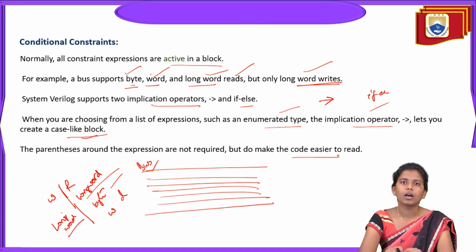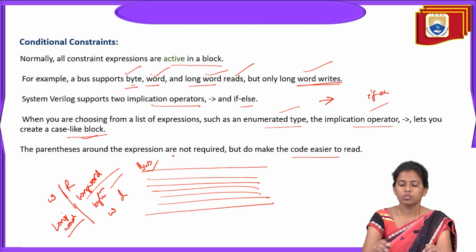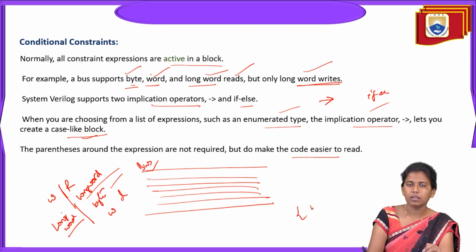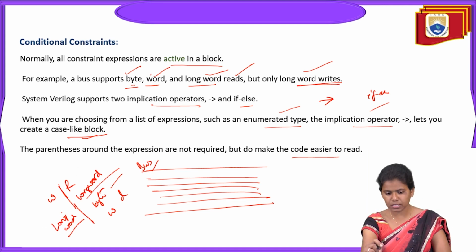When you are writing code for each and every module, sometimes the parentheses are required, but sometimes they are not. To make the code easier, there is no need to write the parentheses.